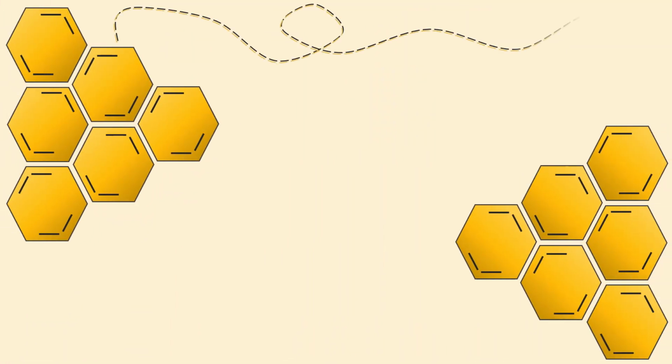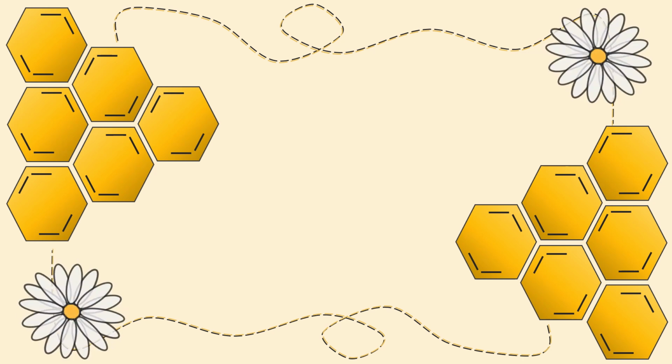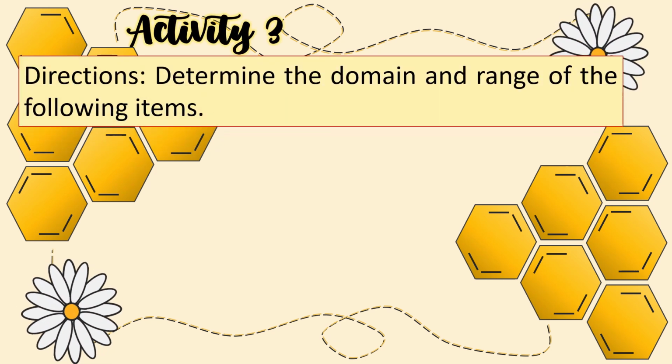For activity number 3, you are going to determine the domain and range of the following items. So, the items that will be shown here are somewhat alike with the examples that we discussed earlier.